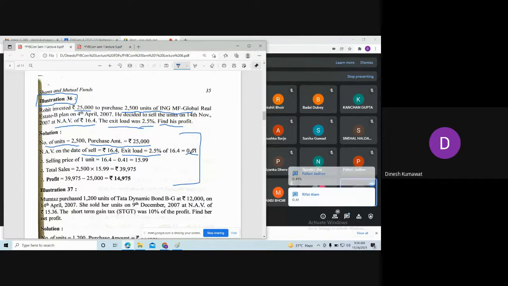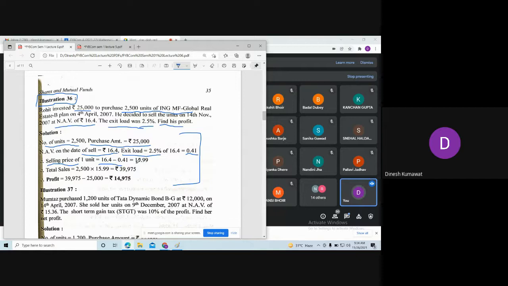Now see, in this case there will be no percentage, Pallavi, because we are already dividing by 100. In case of selling price, we are subtracting this exit load from the net asset value of sales. So you just subtract 0.41 from 16.4.